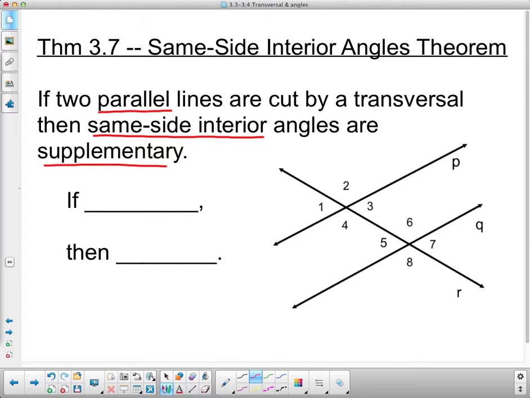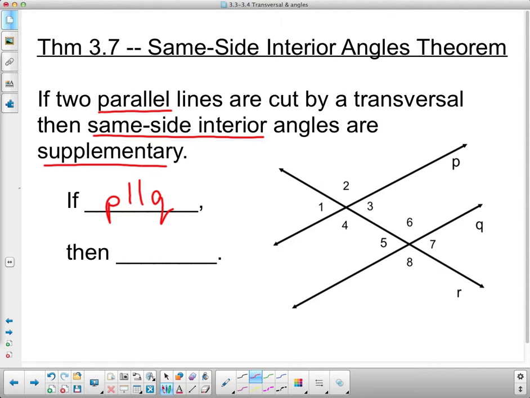And what does supplementary mean? Okay, adds up to 180. Okay, so if the lines are parallel, then what would be alternate exterior angles? 2. Not 1 and 2. They do add up to 180, but they're a linear pair.